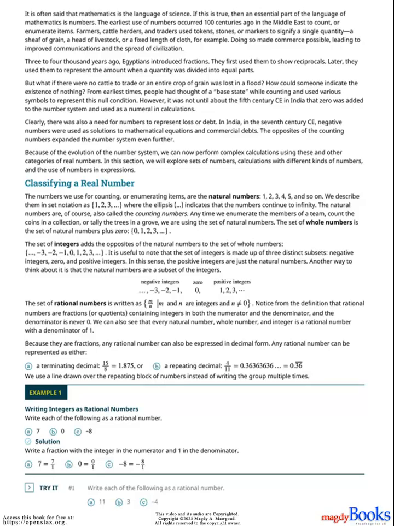The set of rational numbers is written as m/n, where m and n are integers, and n is not equal to 0. Notice from the definition that rational numbers are fractions, or quotients, containing integers in both the numerator and the denominator, and the denominator is never 0. We can also see that every natural number, whole number, and integer is a rational number with a denominator of 1.